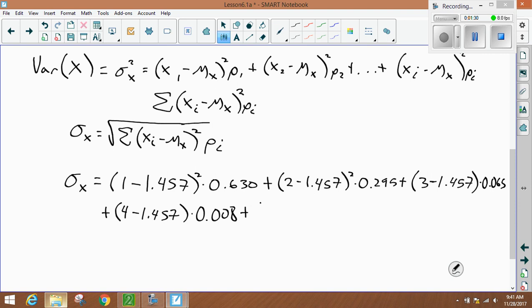And then our next one is 5 languages spoken, times the probability that a person chosen at random speaks 5 languages, which is 0.002. All right. If we crunch these numbers, we get 0.450.